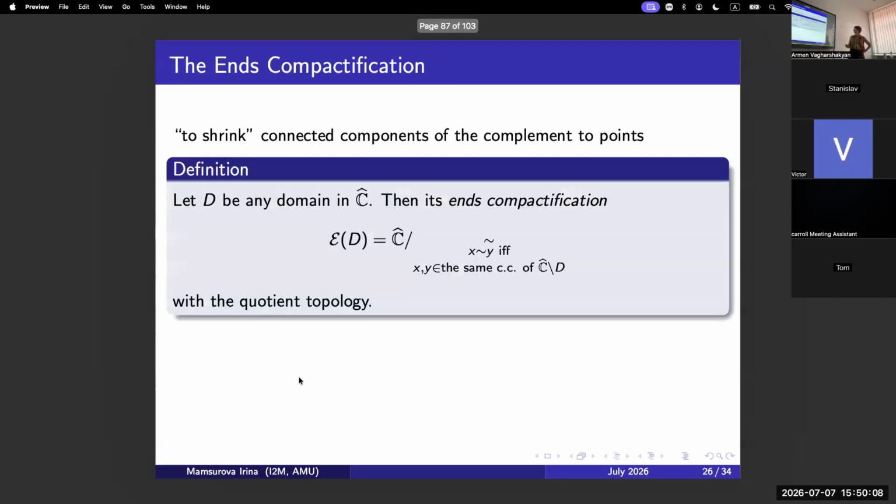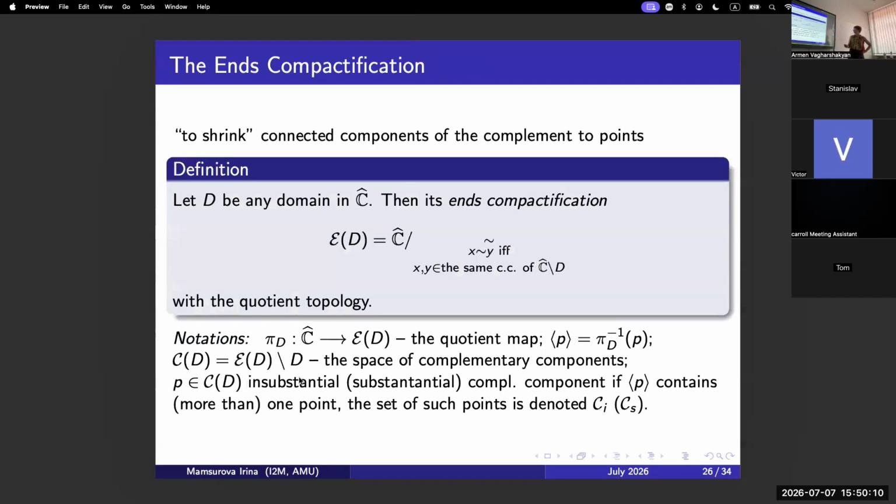So I will just say how we constructed our compactification. We shrank every connected component of the complement to one point.